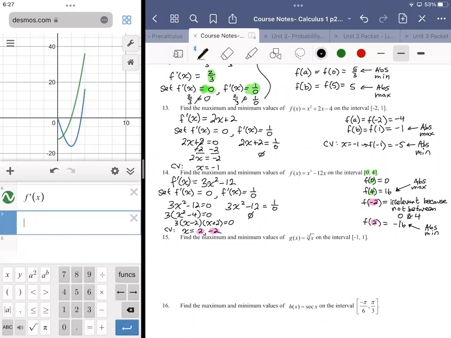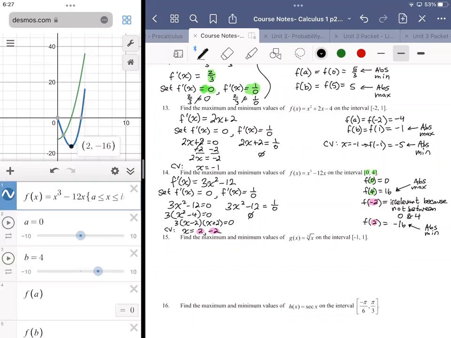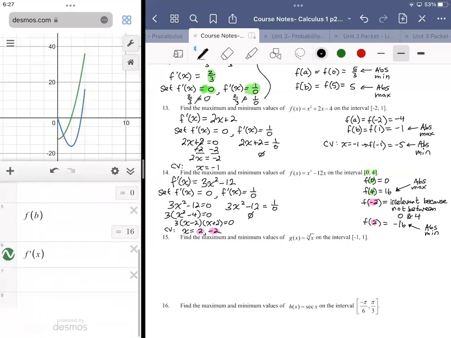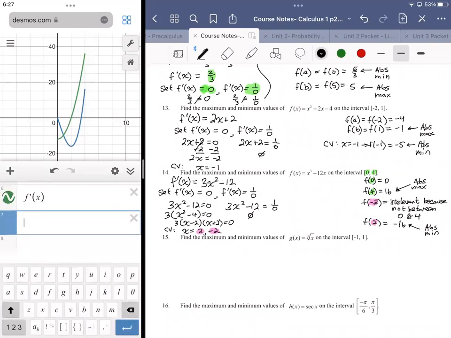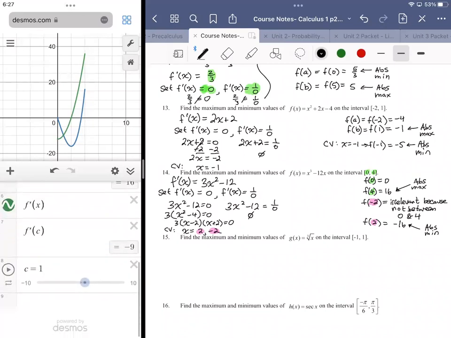Here, we knew that the critical value was going to be 2 because that's where the turning point was. The derivative needs to be either equal to 0 or undefined in order to have a critical value. So what I could do is I could say f prime of some value c and create a slider for that c value.